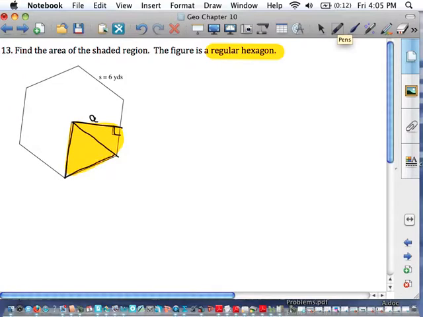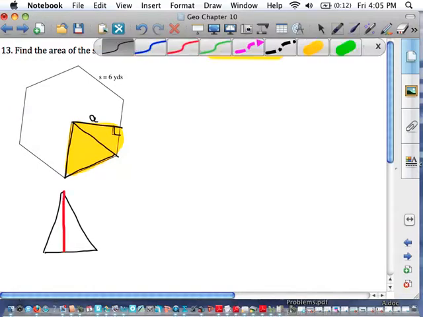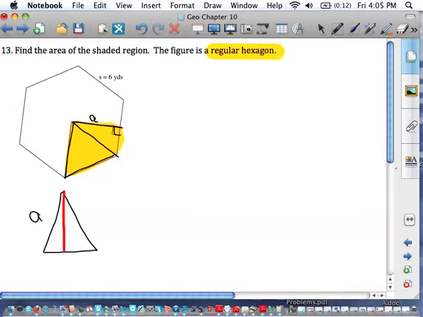I told you in class this equilateral triangle is going to be critical on this quiz. So there's my equilateral triangle. There is my apothem. The altitude of the triangle is the apothem right there. If the side is 6, remember that is bisected, so that means that this part is 3.